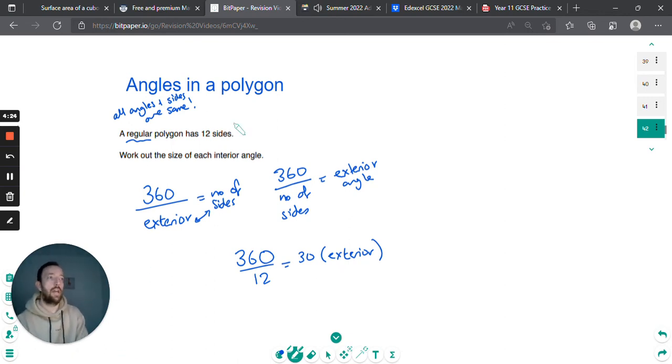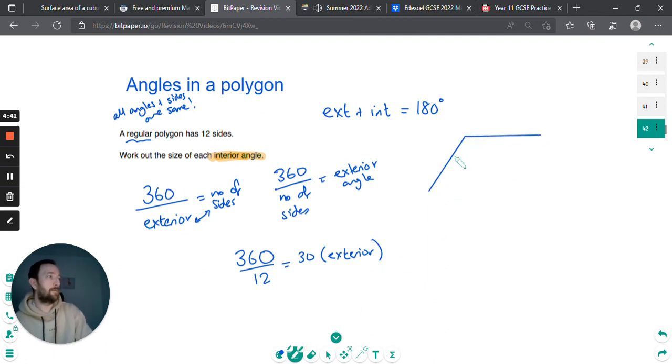All right, and I'm after the interior angle. I'm after the inside. Well, the exterior angle plus the interior will equal 180 degrees every single time. If I just draw like the corner of a shape, so imagine that's the corner of a shape.